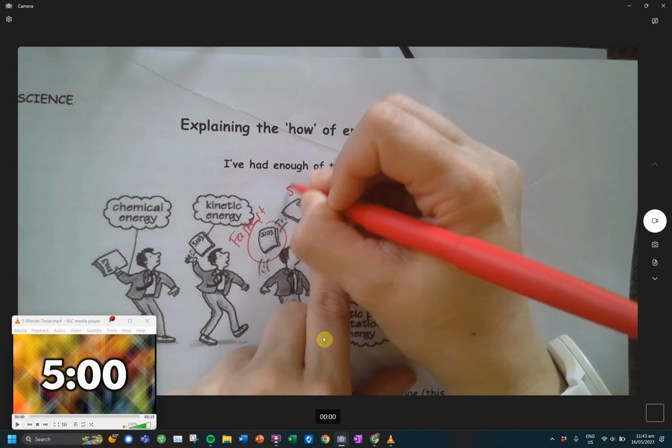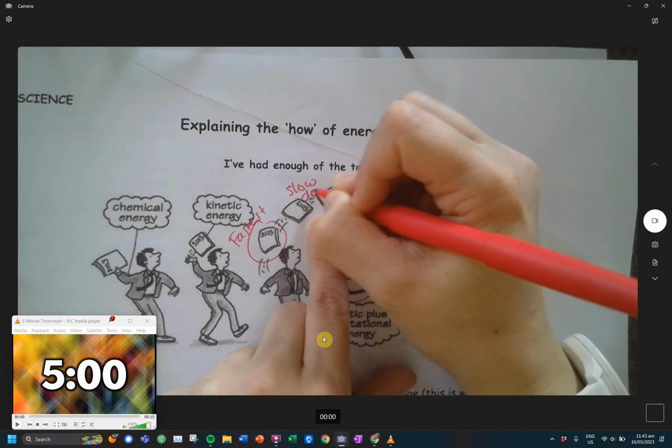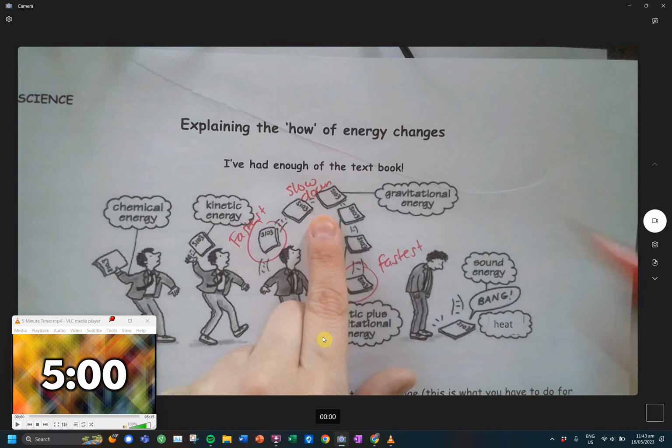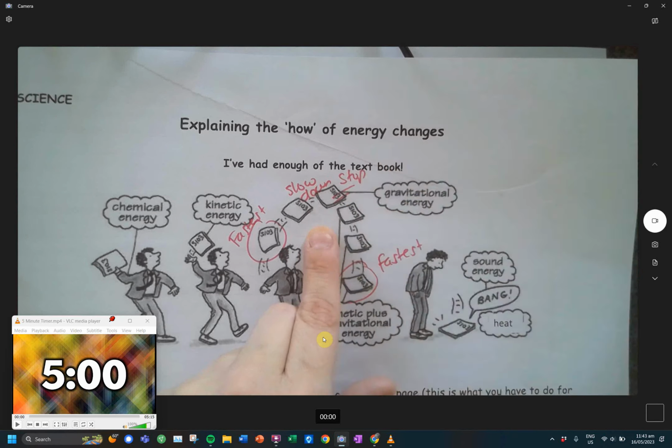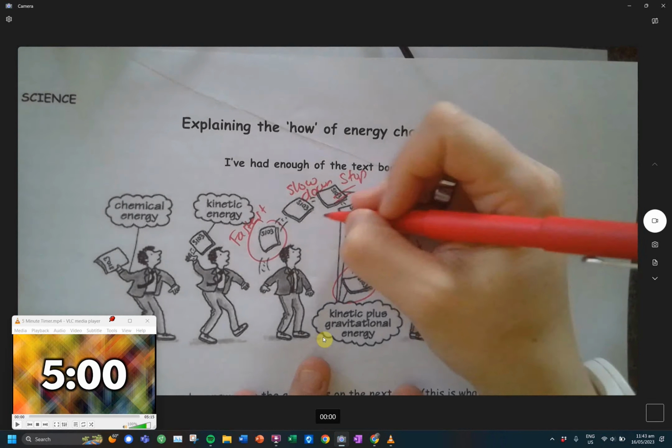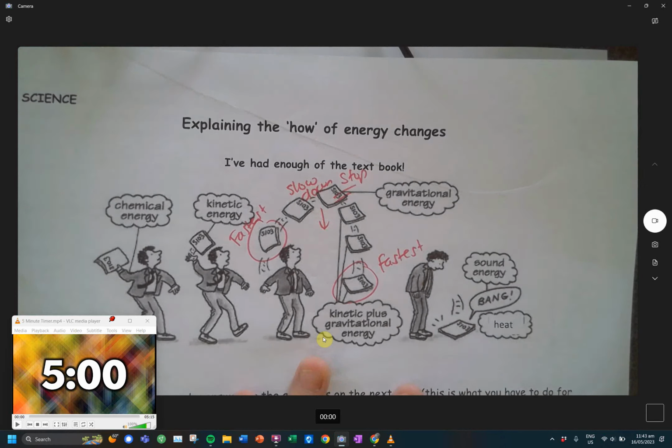Yep. So that's decreasing, and then as it stops at the top and changes direction and starts going down, it would be increasing when it comes down.